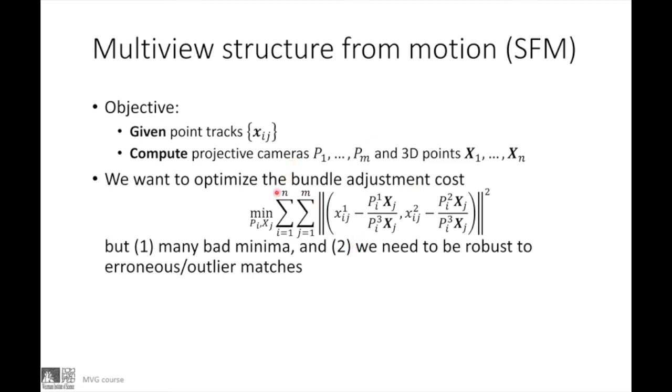Okay, so in bundle adjustment, I want to minimize this cost function. I have some reconstruction, and I have some poses, and there will be some errors here. The cost function will not be 0, and I want to simply minimize it. So I want to change the cameras and change the 3-dimensional points such that this cost will be minimized.